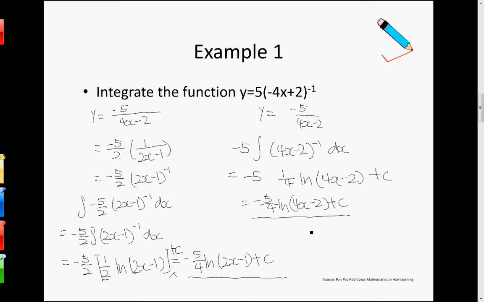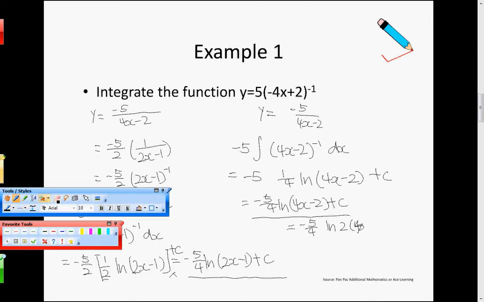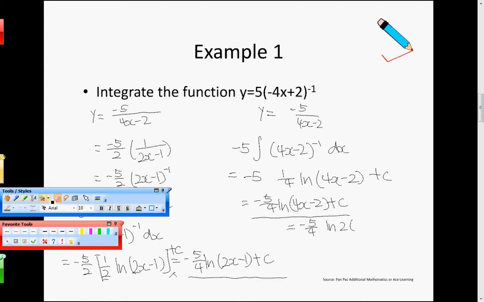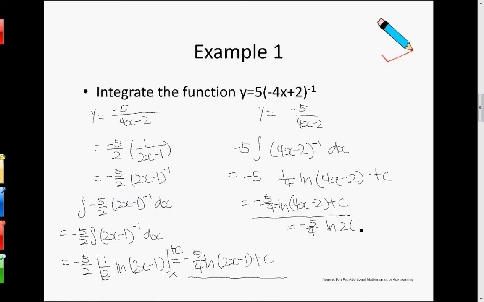So from this form, I can actually change it to be equals to negative 5 over 4, and then this is just ln 2 times 4, 2 times 2x minus 1 plus c.